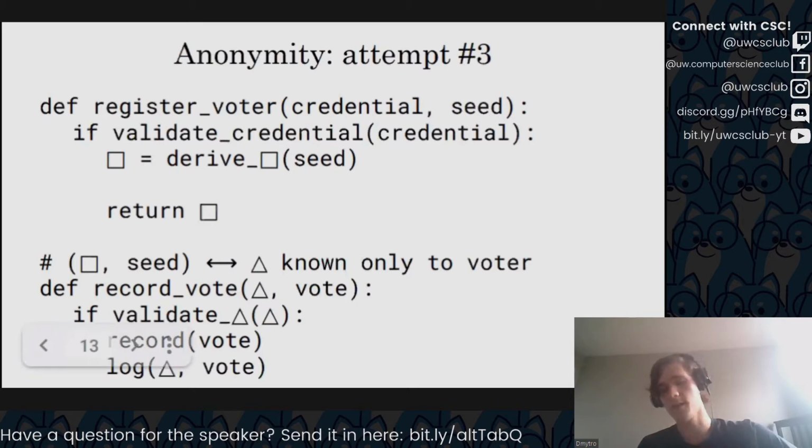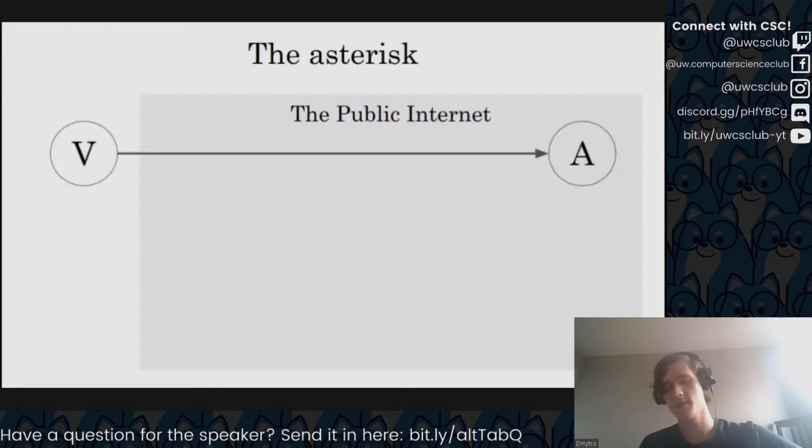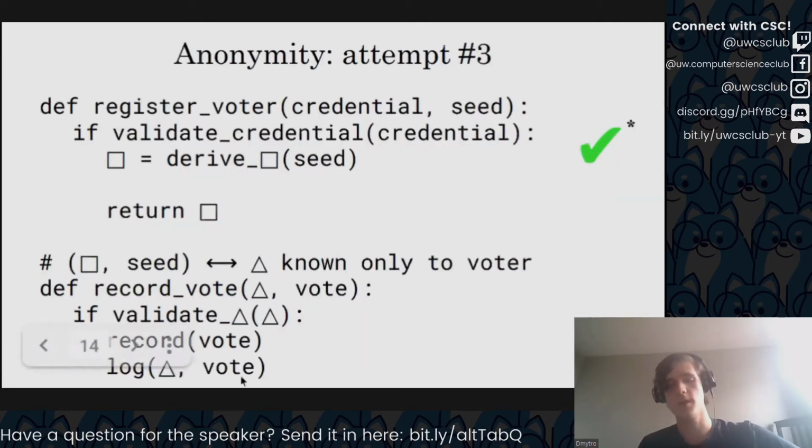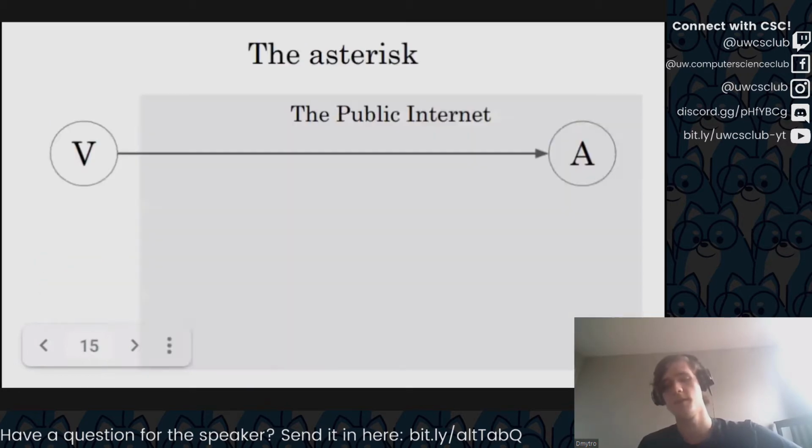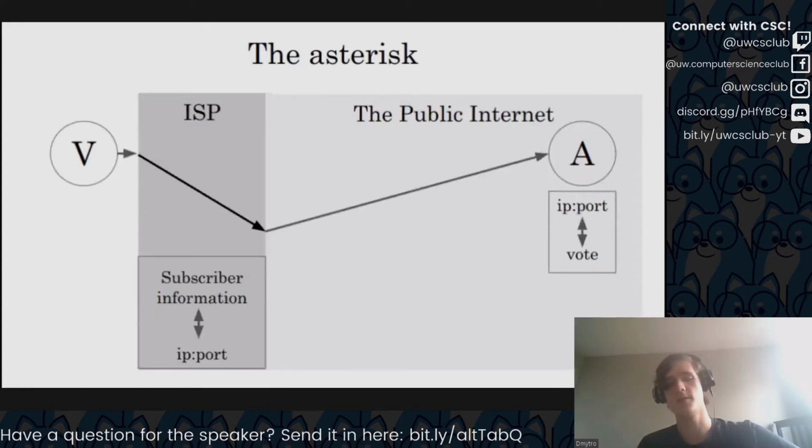Okay, we've reduced anonymity more or less to that, except for one asterisk here. Let's talk about it real briefly. The only part that's missing at the end of the day is, if you vote over a network and you use the public internet for that purpose, then there's another way that you're not anonymous, a non-cryptographic way.